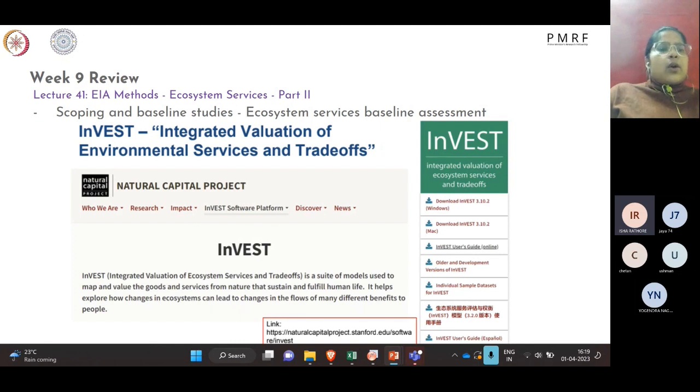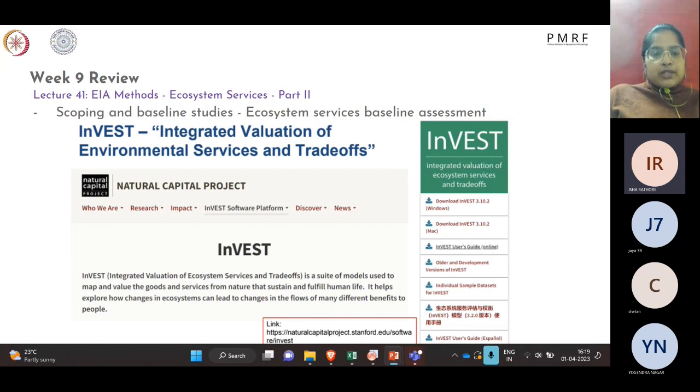And then you have something called INVEST, which is Integrated Valuation of Environmental Services and Trade-offs. This is a model which is used to map and value the goods from nature that sustain and fulfill human lives, and it helps to explore how changes in the ecosystem can disrupt the flow of many different benefits to the people.